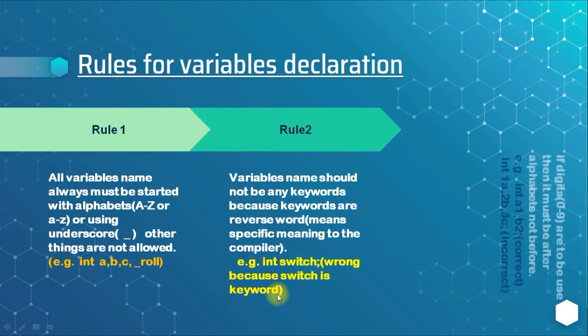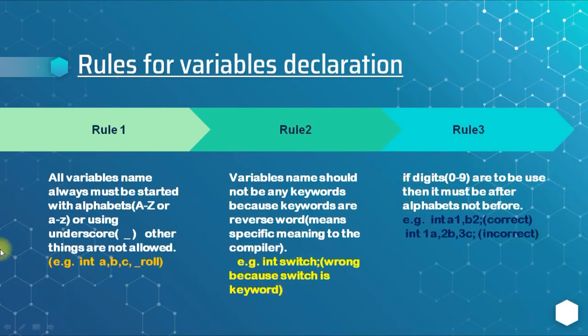Next rule says if digits, means 0 to 9, are to be used, then they must be used after alphabets, not before. For example, int A1, B2 are correct, but 1A, 2B, 3C are incorrect because we have used digits before alphabets. So this is not allowed.